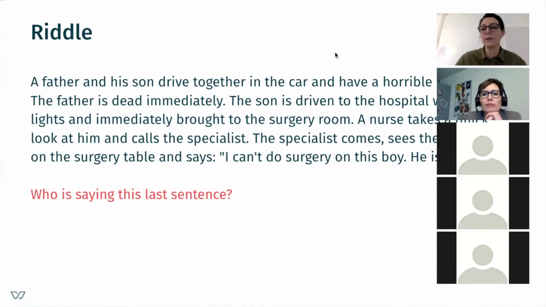In German and French, this is even worse, naturally, because German and French are gendered languages. And in this situation here, that calls the specialist, you would use the male noun, because you don't know yet who you're talking about. Is it a woman or not? So you use the male generic, as we call it.